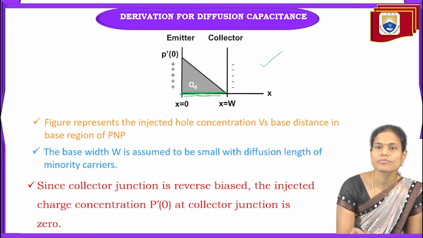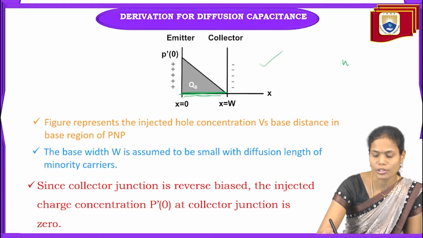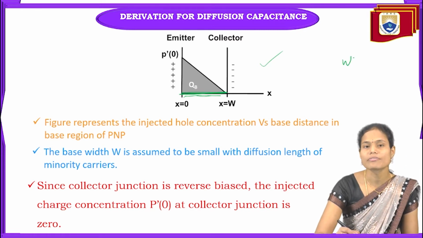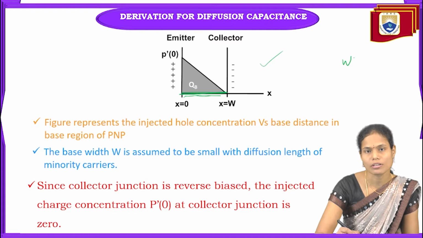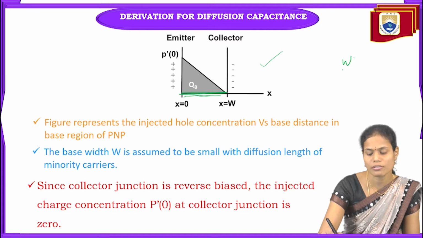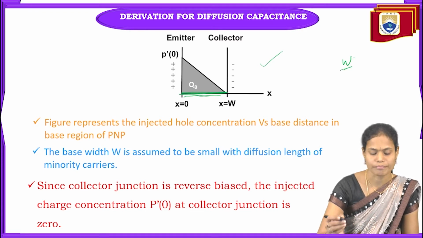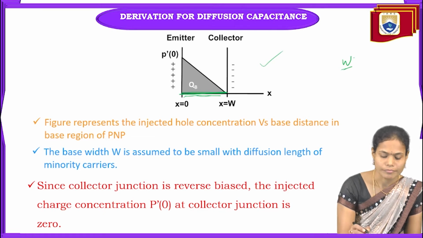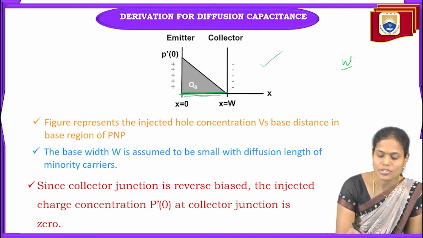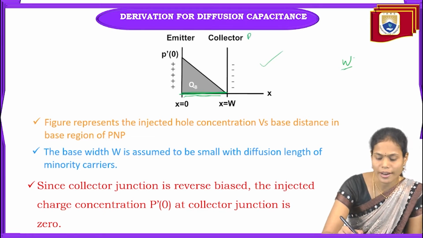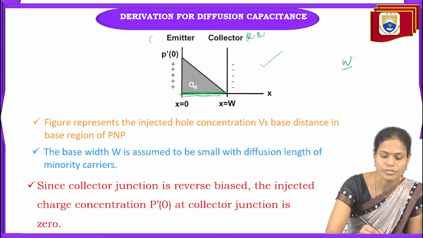Here the base width we are taking as W, and the base width is always very less. Why? Because it is very lightly doped and the area of this one is also very less. So that's why the width of the base is also very less. Here the collector junction is reverse biased and the emitter junction is forward biased.